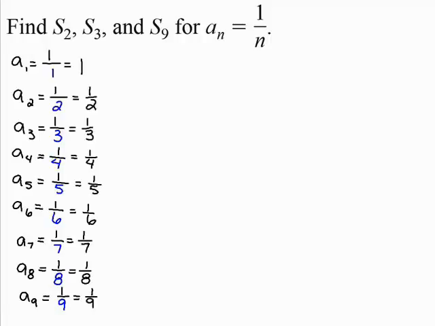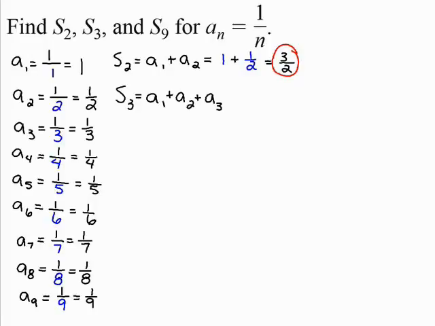Now, s sub 2 is equal to a sub 1 plus a sub 2. So you can substitute in the values for a sub 1 and a sub 2. When you simplify, 1 plus 1/2 gives you 3/2. Therefore, s sub 2 equals 3/2. Next, s sub 3 is equal to a sub 1 plus a sub 2 plus a sub 3.